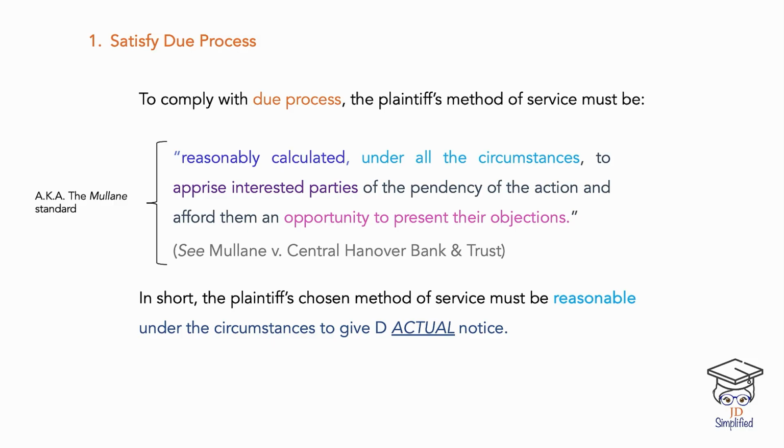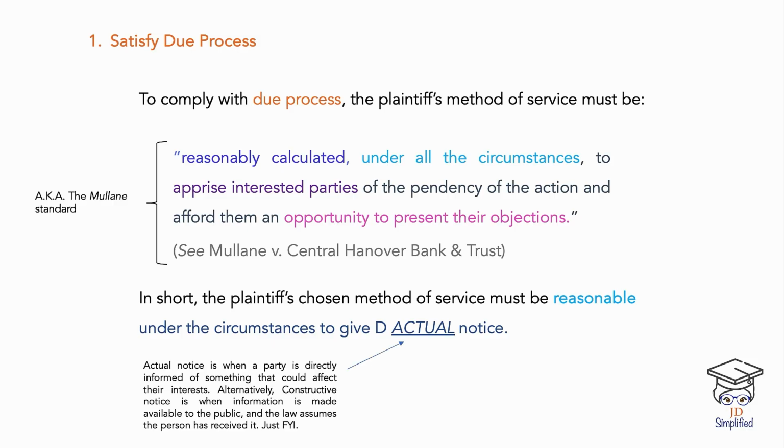And actual notice, by the way, is when a party is directly informed of something that could affect their interest. Alternatively, for example, constructive notice is when information is made available to the public and the law assumes the person has received it. We want the defendant to have actual notice.